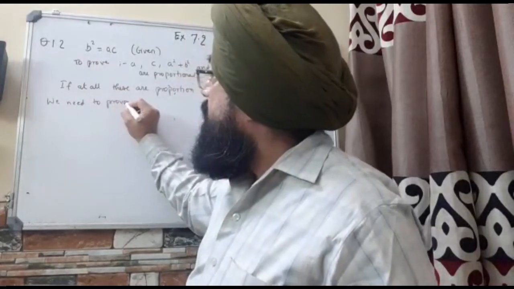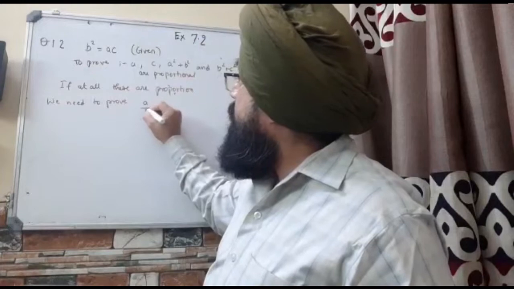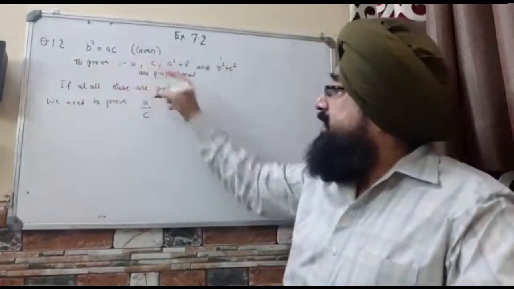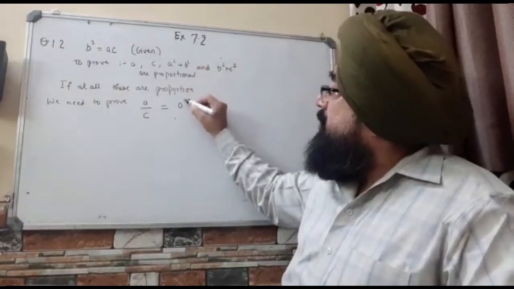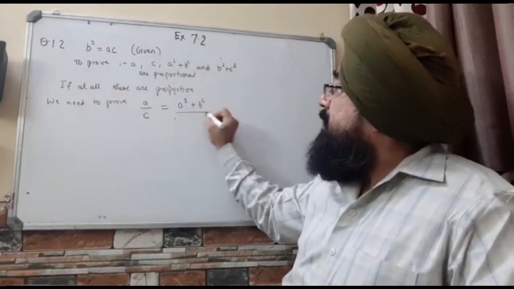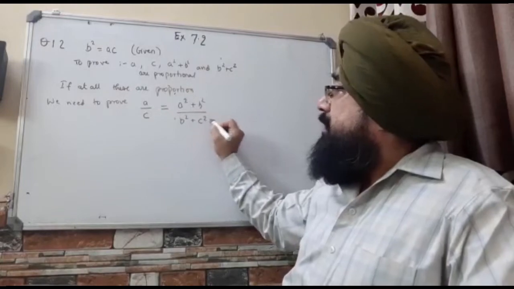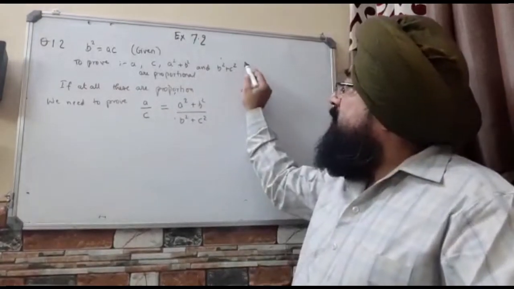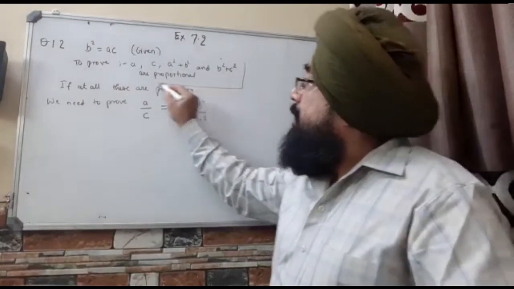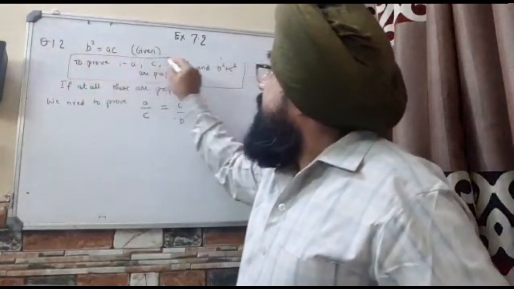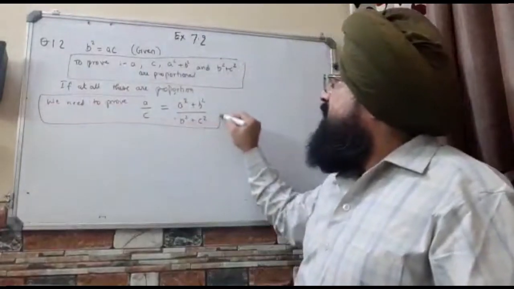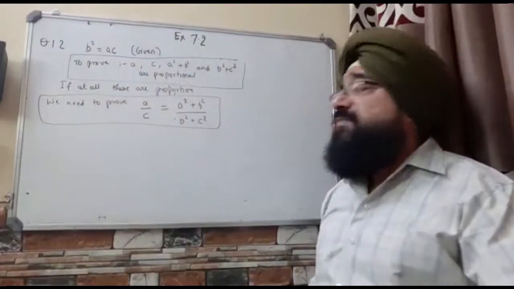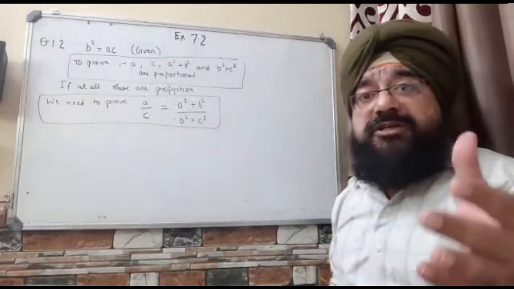what? We need to prove that A over C, that is first term over second term, must be equal to the third term, that is A square plus B square over B square plus C square. That is, if they are proportional, we need to prove that A over C, the first term over the second term, is equal to the second term over the third term.